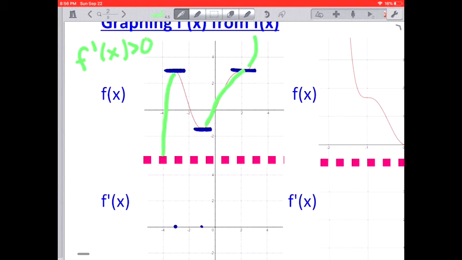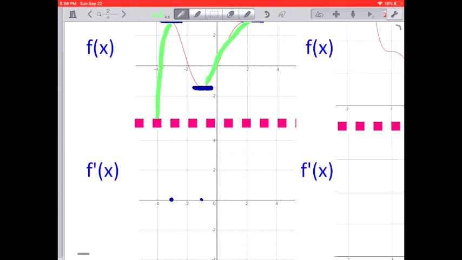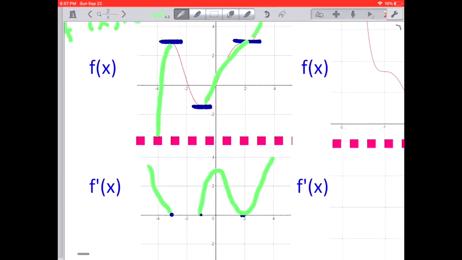So when I graph my derivative on those intervals, I need to be above the x-axis. So I'm above the x-axis here, and I'm above the x-axis from, I erased one of my zeros, and I'm above the x-axis here. I bounce at 2. My derivative went from increasing to 0 to increasing, so I must bounce there.